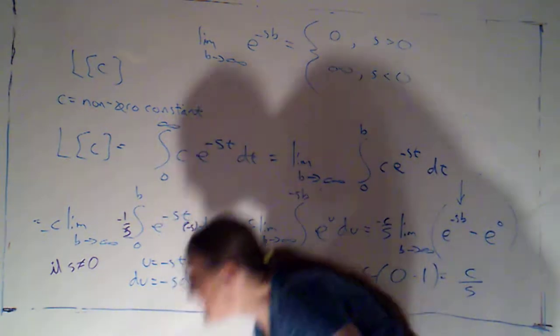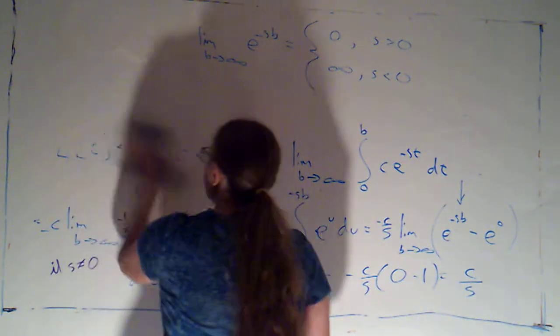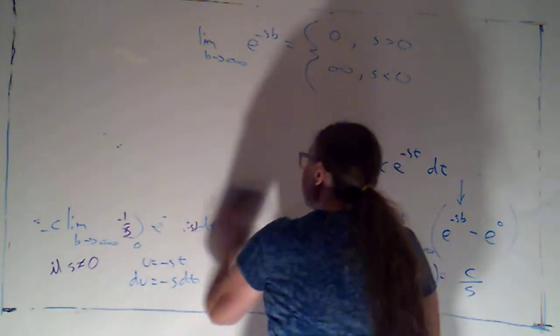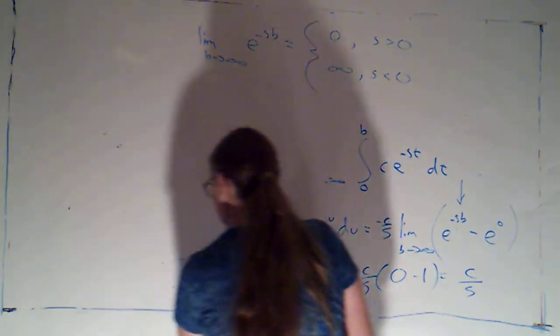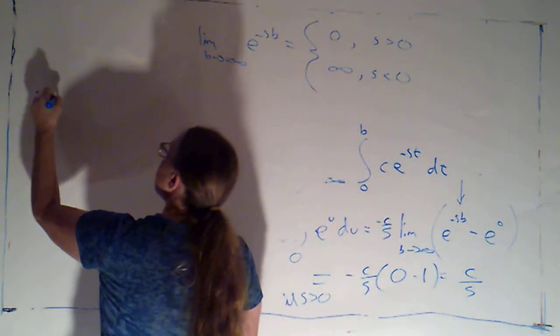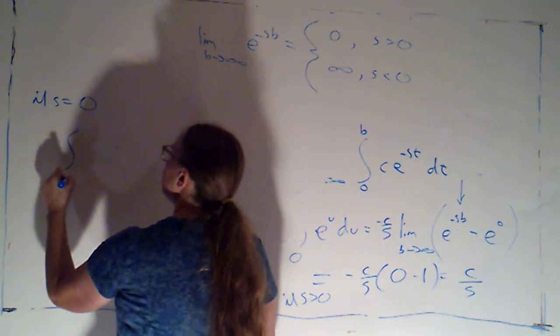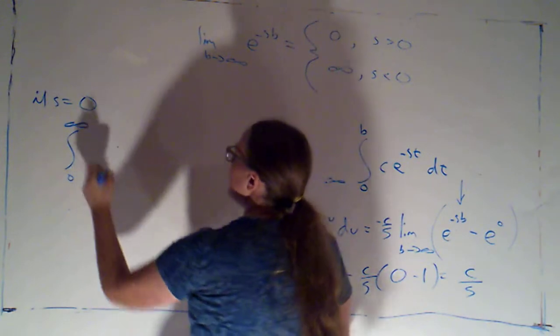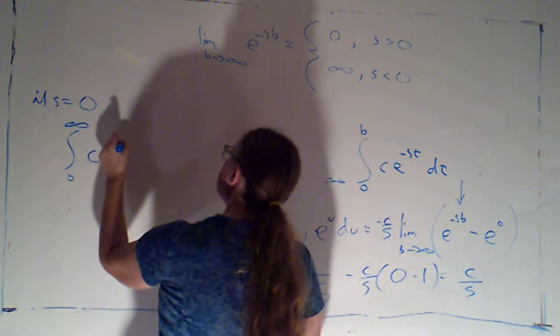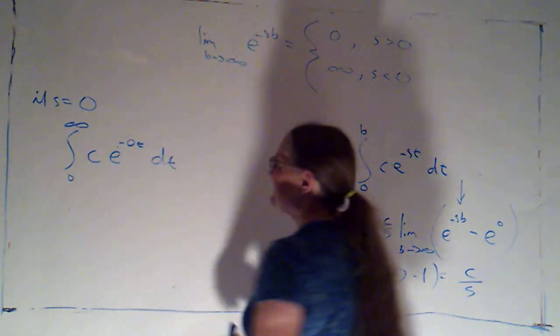So now I just need to take a look at what happens if s is equal to 0. Now, if s is 0, I know I can't use a u substitution, so let's just look at how I would evaluate things. So if s equals 0, then I would get the integral from 0 to infinity of c times e to the negative 0 times t dt.